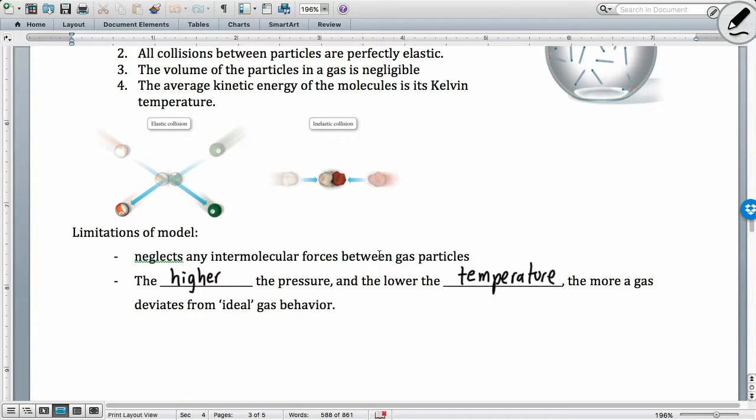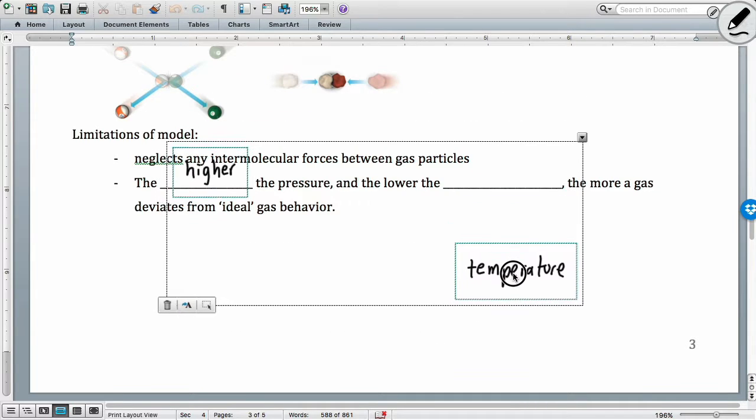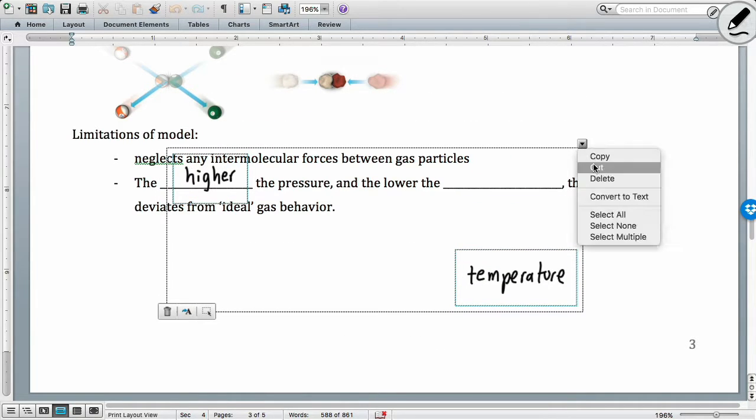It gets cold, so it calms down. So when you raise the pressure or lower the temperature, the gas starts to get more toward liquids, and thus it deviates from an ideal gas more. Those are some of the problems with kinetic molecular theory.